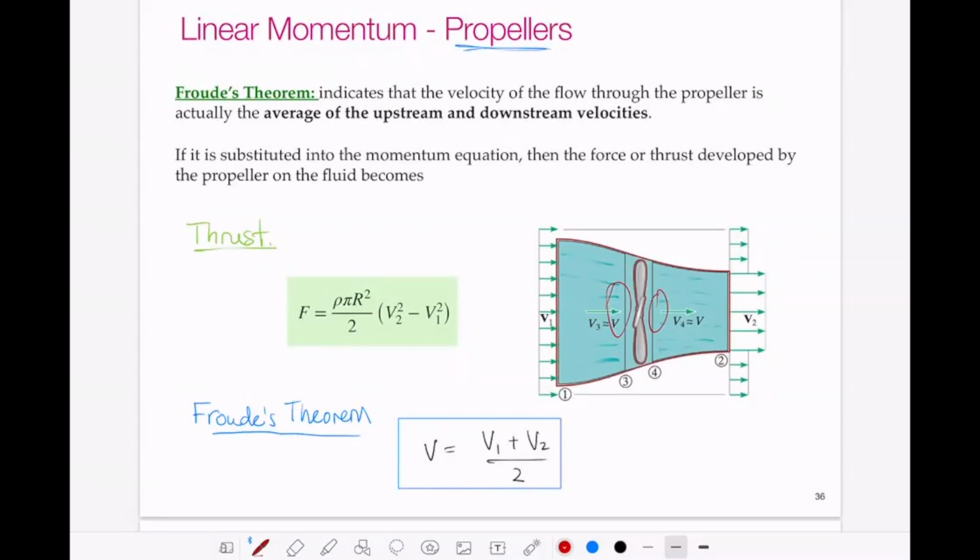We would have a 100% efficient motor or propeller. Since that's impossible, the efficiency of the propeller will always be less than 100%. And the greater the difference between the input velocity and the exhaust or ejected velocity V2, the lower our efficiency.